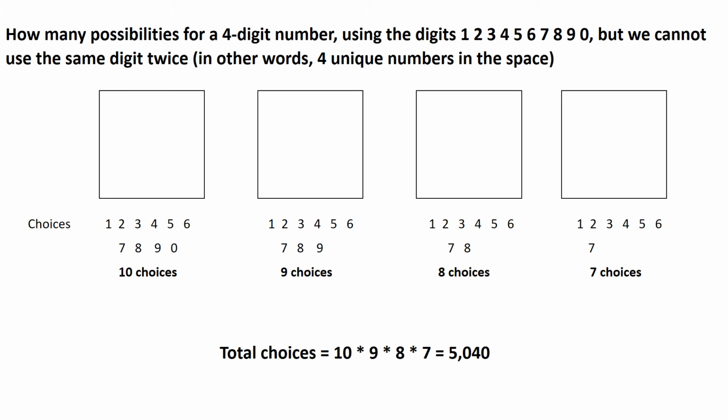And then in my third digit, I've only got 8 choices. I can't use the first 2 that I've pulled out. Now I'm left with 8. And then on the fourth, I can't use the previous 3, so I've got 7 choices. And if I want to know how many unique numbers there are with no digits repeating, it would be 10 times 9 times 8 times 7, which ends up being 5,040.